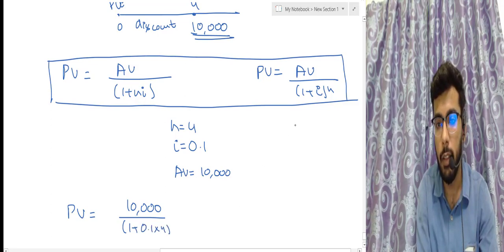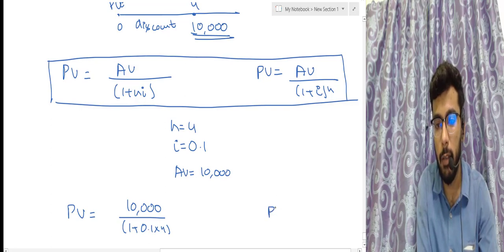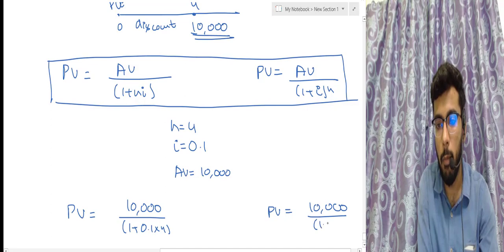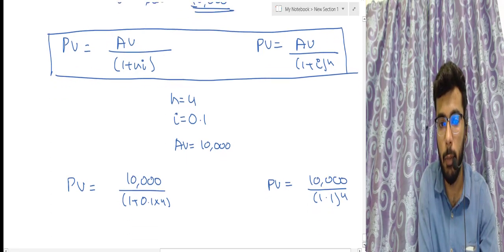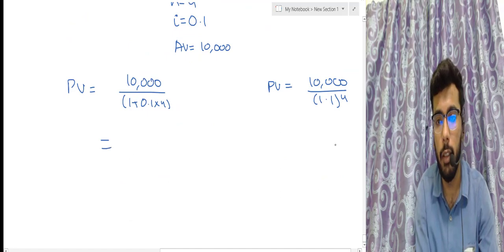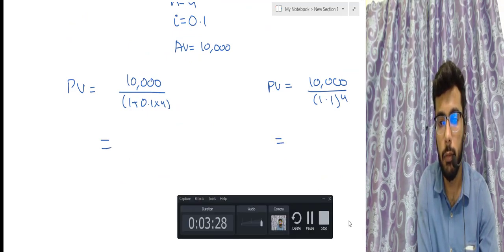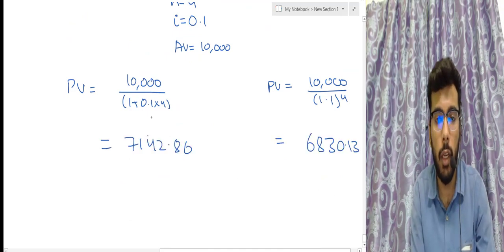Under compound interest, present value will be equal to 10,000 upon 1.1 whole to the power of 4. Let's just calculate these.